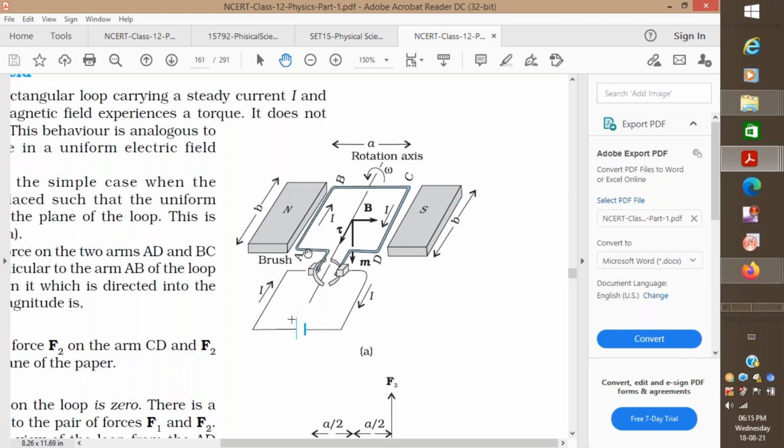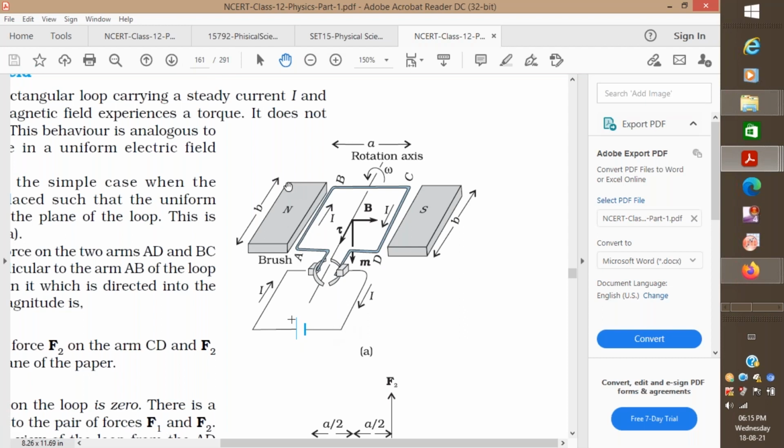So when the slip ring is attached to the carbon brush, the whole loop will be connected in series in this circuit, and current will flow.